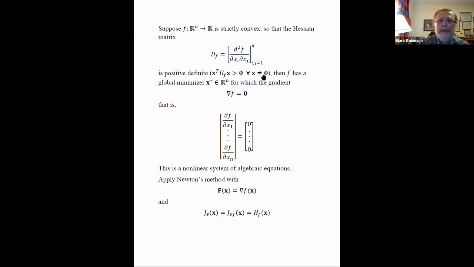But notice that this is just another nonlinear system of equations to solve. I did everything in 1D, and now we're looking in higher dimensions, but you notice how things follow through in a parallel fashion. So this is then just applying Newton's method.